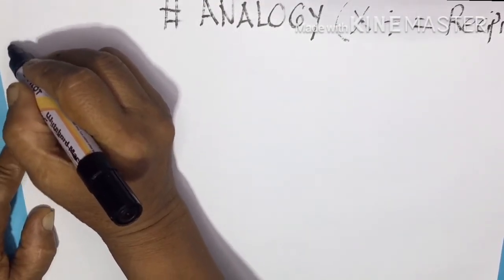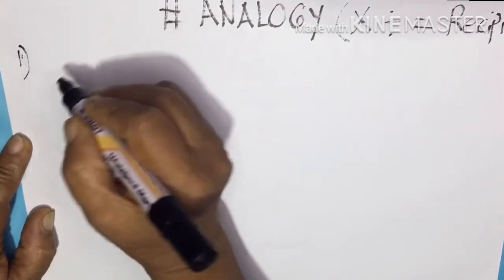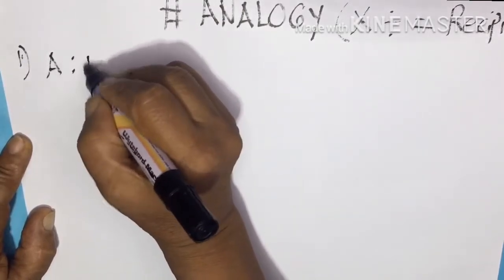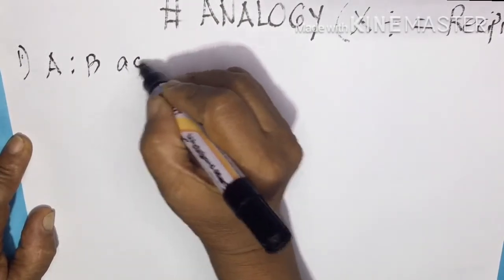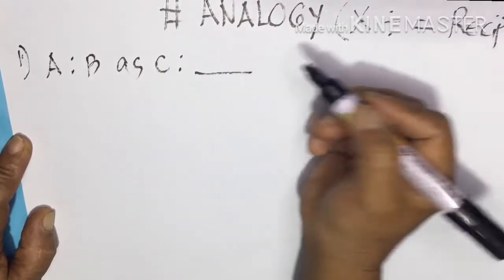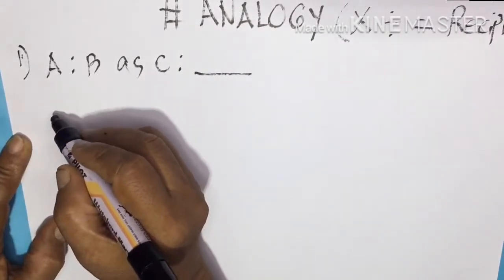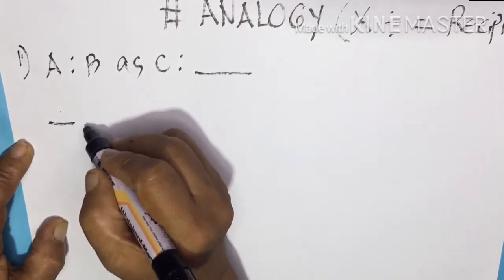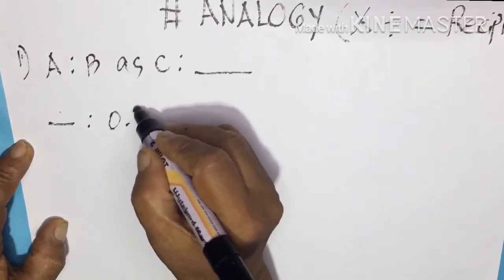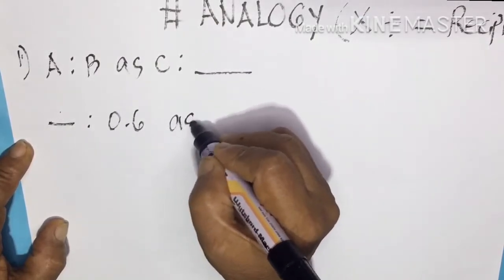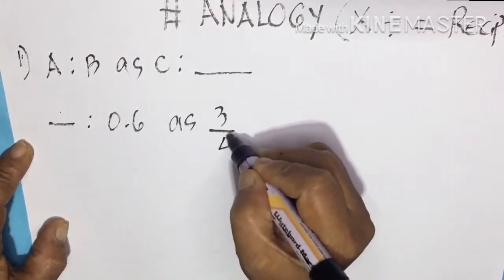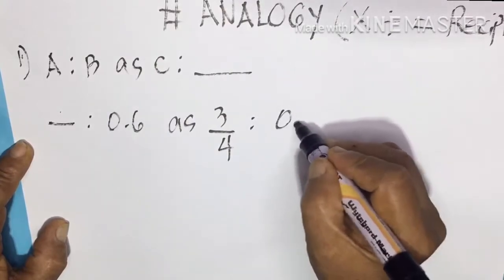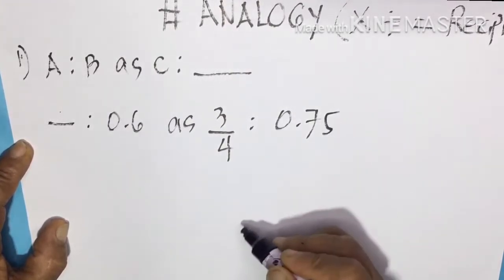Example, we have the first example: A is to B as C is to blank. Blank is to 0.6 as 3/4 is to 0.75.